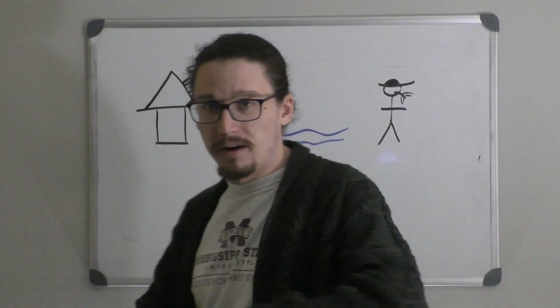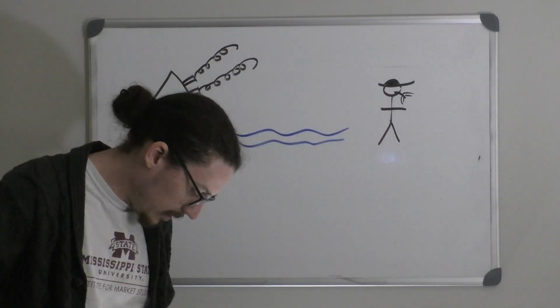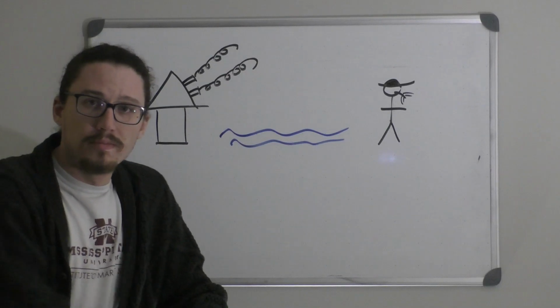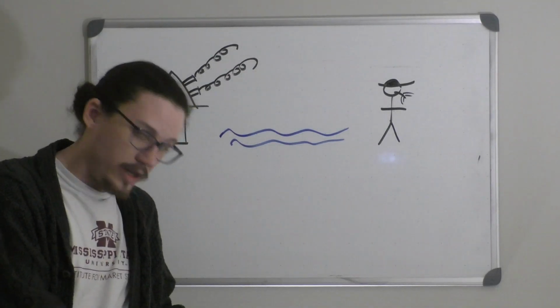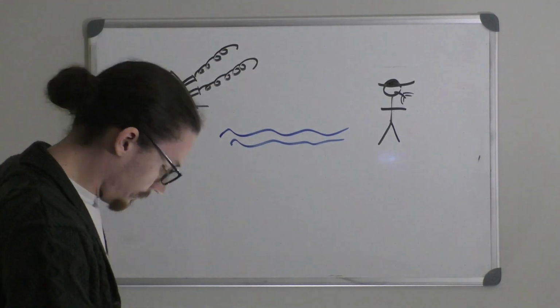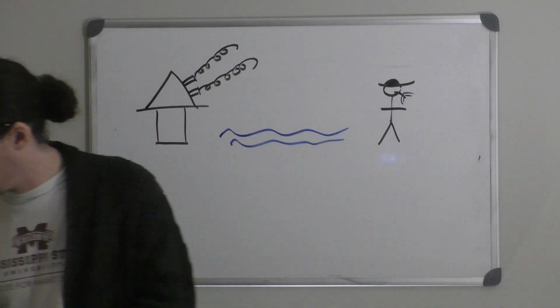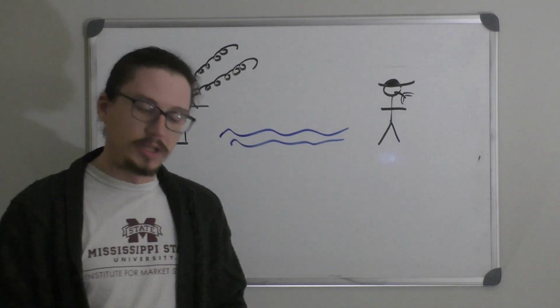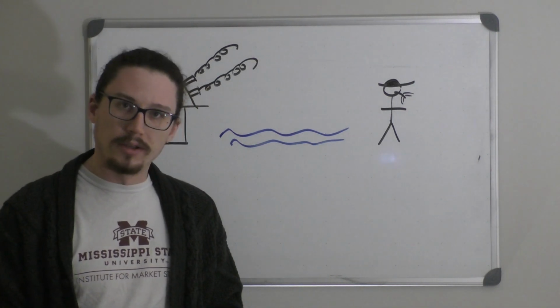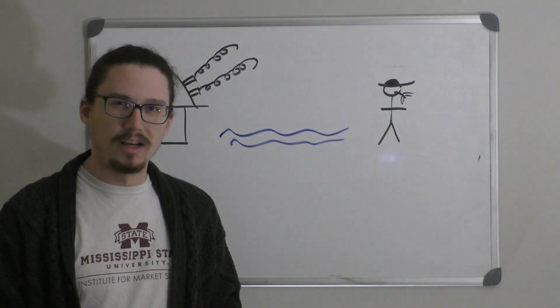Downstream of that factory is a farmer who uses the river to irrigate his crops. I'm spending way too much time on this drawing, but that's okay. I think it's going to pay off.